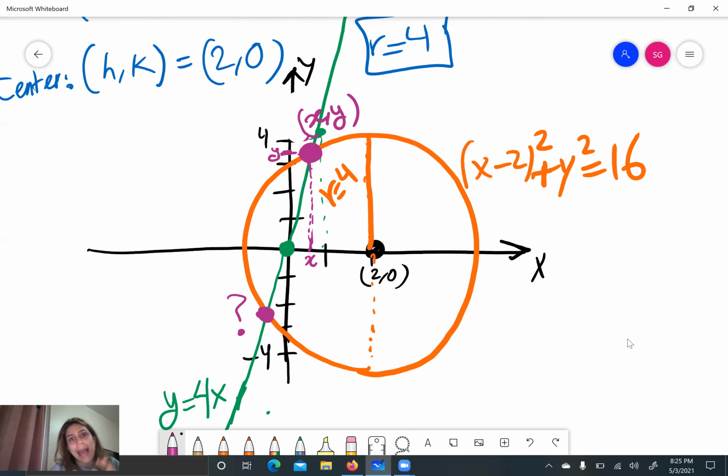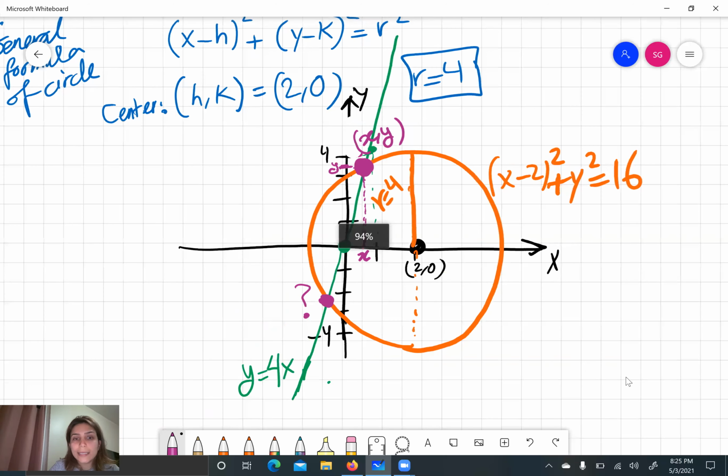So at this purple point, the circle and line share the same height for this x value. So at this x value, the circle and line have the same y value.